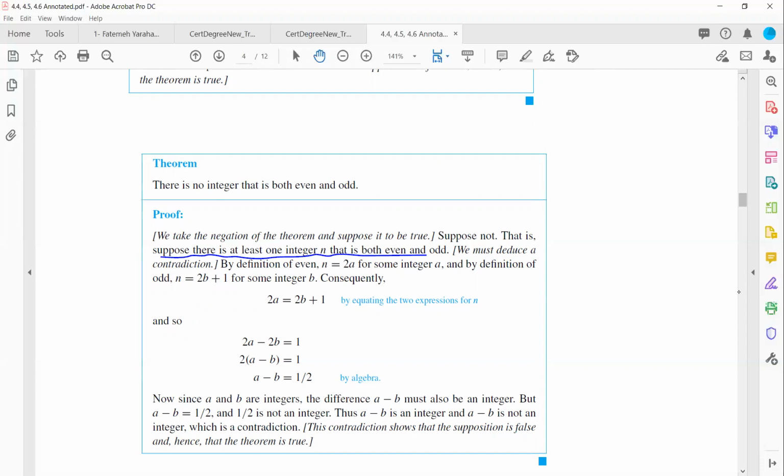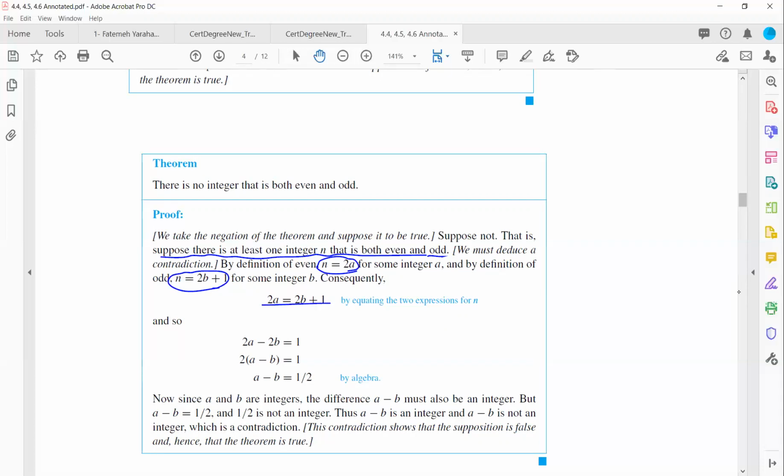So I have one integer n which is even, so it can be written as 2 times a. And at the same time, I say this integer is odd, so n can be written as 2b plus 1, where b is another integer. It means that 2a and 2b plus 1 must be equal to each other.